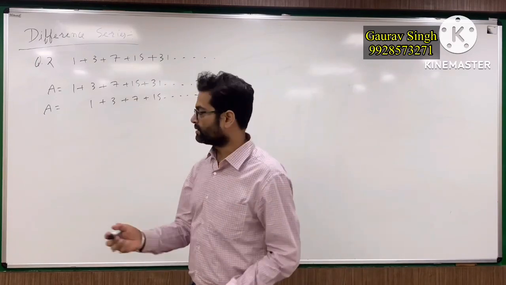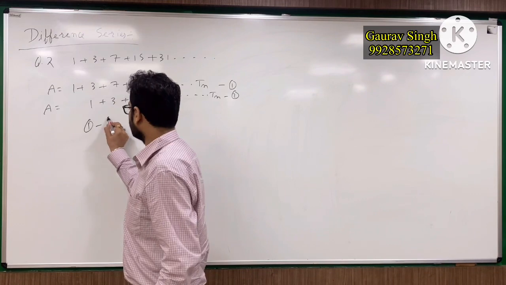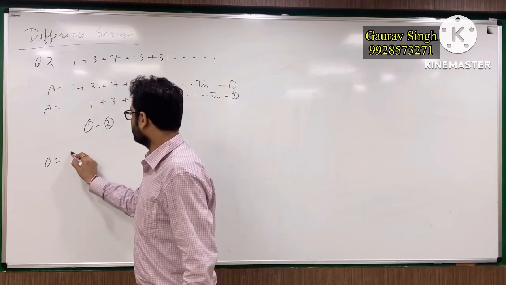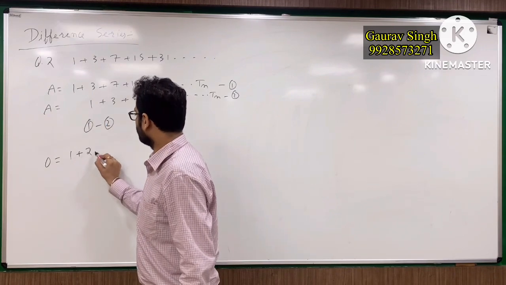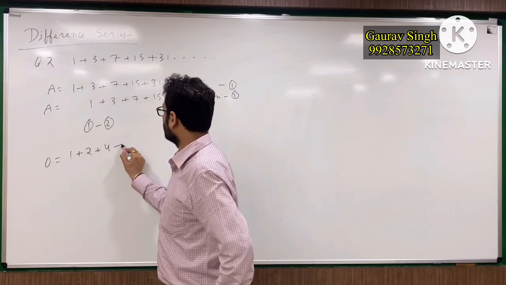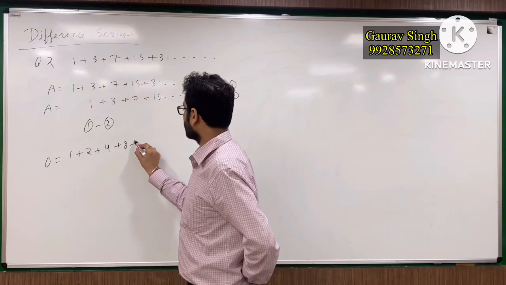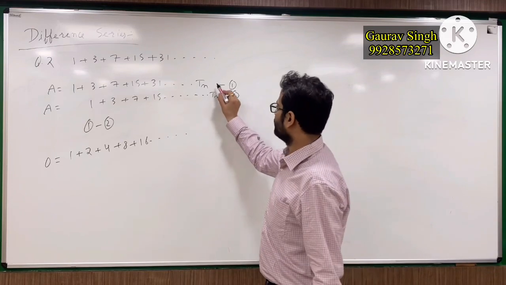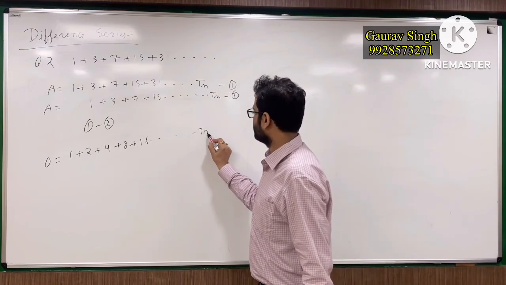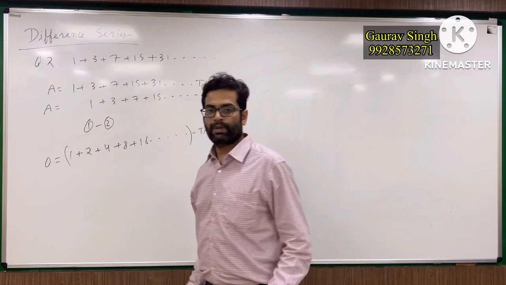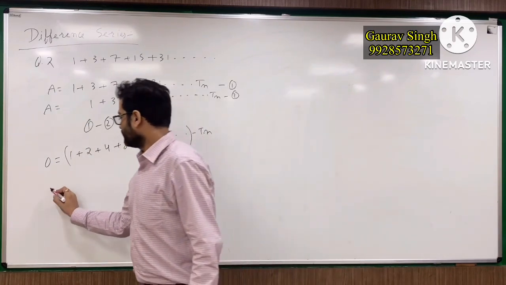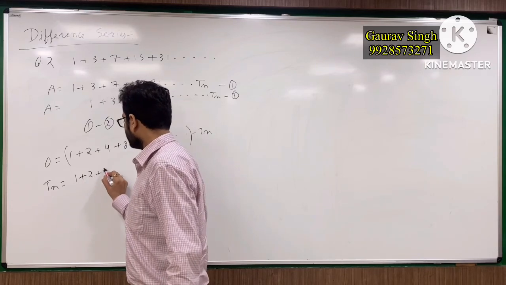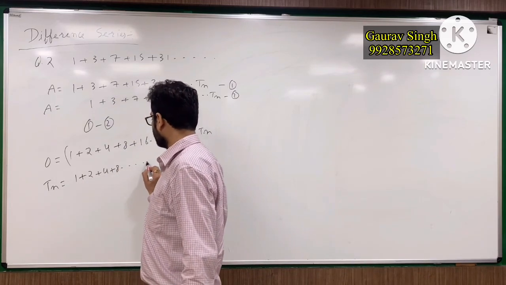Then we subtract equation 1 minus equation 2. So we get 0 equal to 1 plus 2 plus 4 plus 8 plus 16, and at the end there is no term, so we get minus Tn here.